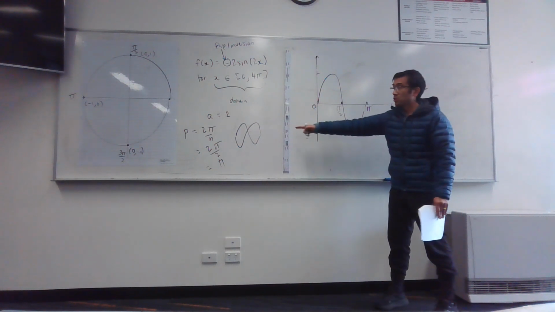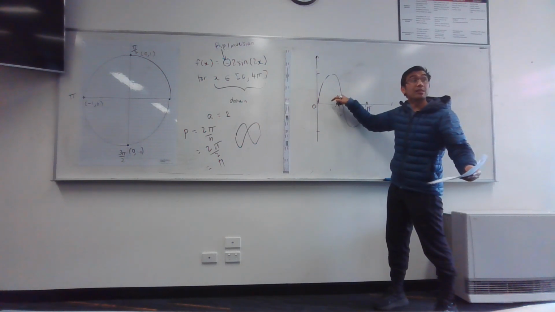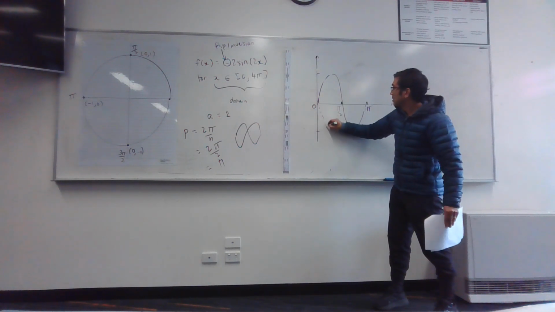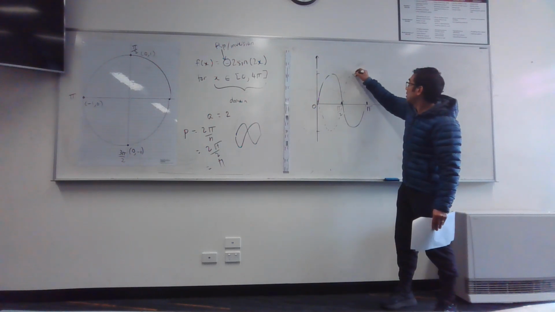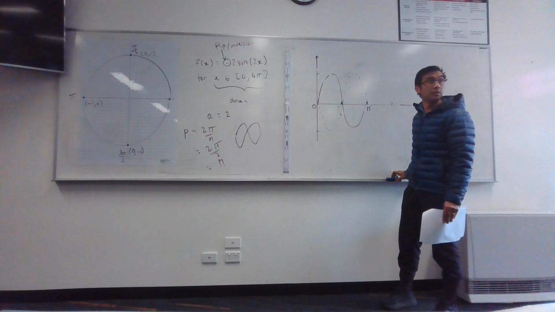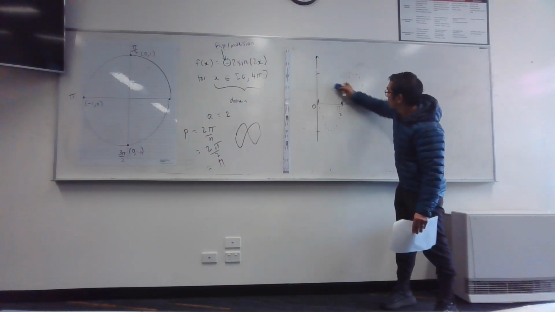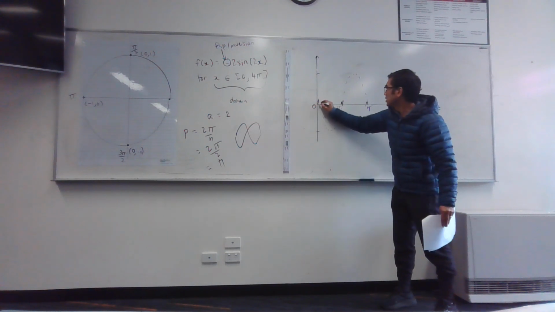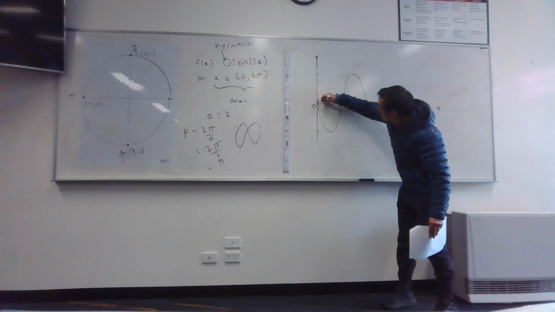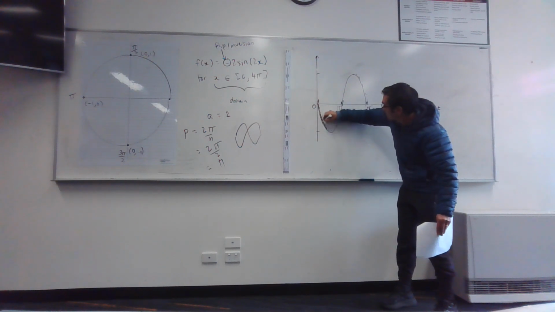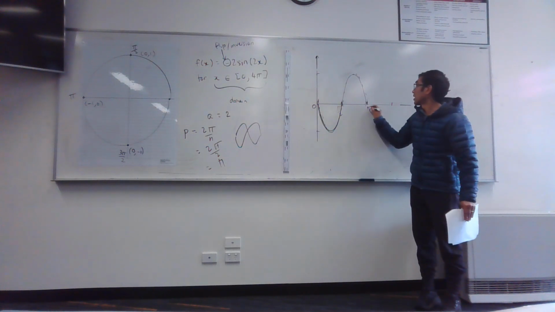So therefore, I'm going to do what I did here. Every hill is now a valley. Every valley is now a hill. So I have this inverted. That didn't come out great. An inverted sine graph, period of pi.